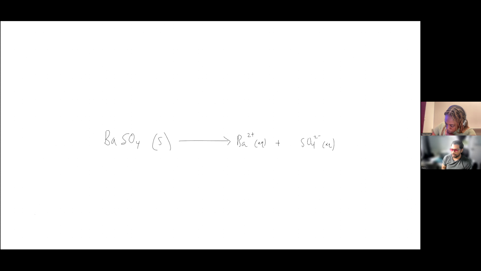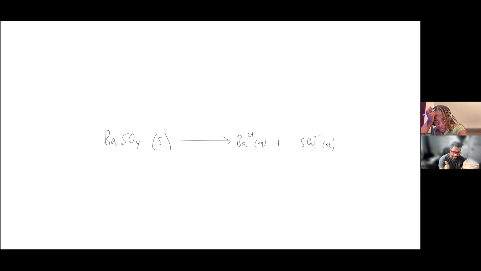Let me start conceptually first. You could take water and pour some salt in it, sodium chloride, and it'll dissociate from NaCl solid to Na plus aqueous and Cl minus aqueous. Now imagine doing that in a cup of water, but with a huge container of salt.